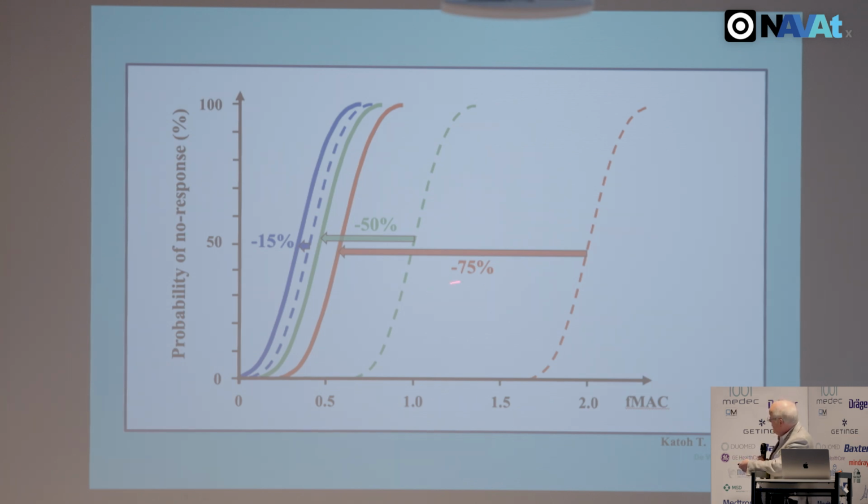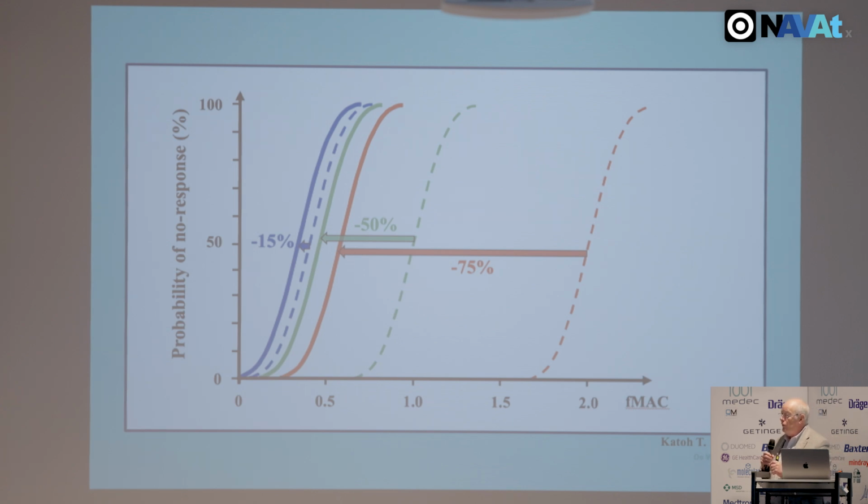What I'm saying with this slide is that the end-tidal concentration expressed as a fraction of MAC can be reduced in the presence of opioids. It can be reduced by 75, 50, and 50% for BAR, immobility, and unconsciousness.